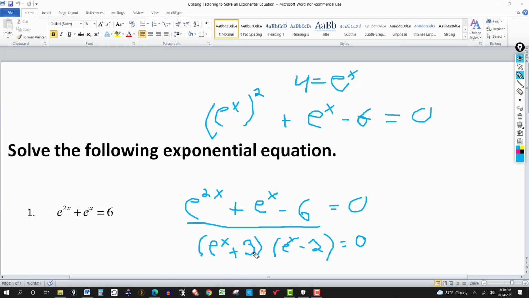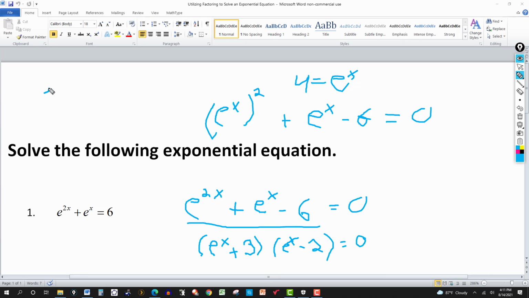Okay. So we have the product of two factors equal to 0. The only way that can happen is if one of the factors is 0, or if both factors are 0. So simply set each factor equal to 0 and solve.